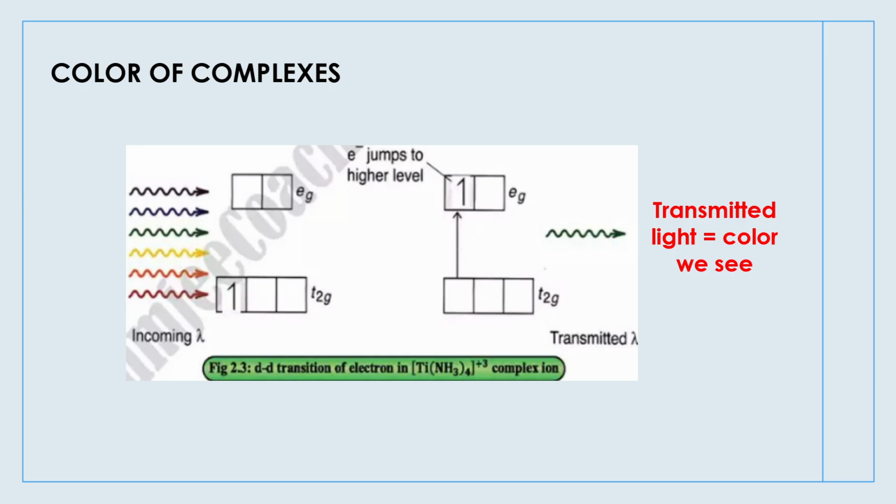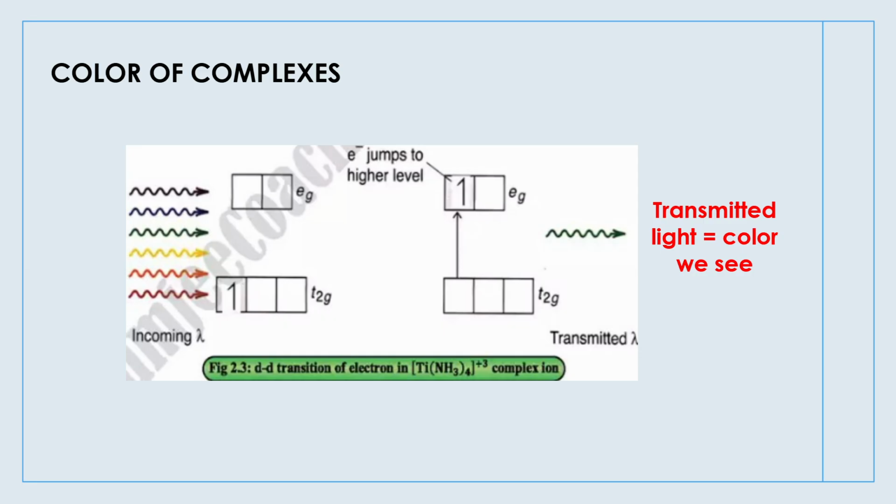For the excitation of the electron, energy of a specific wavelength is absorbed. And we know that this excited state is unstable, so then energy is released. This energy is released in the form of light.